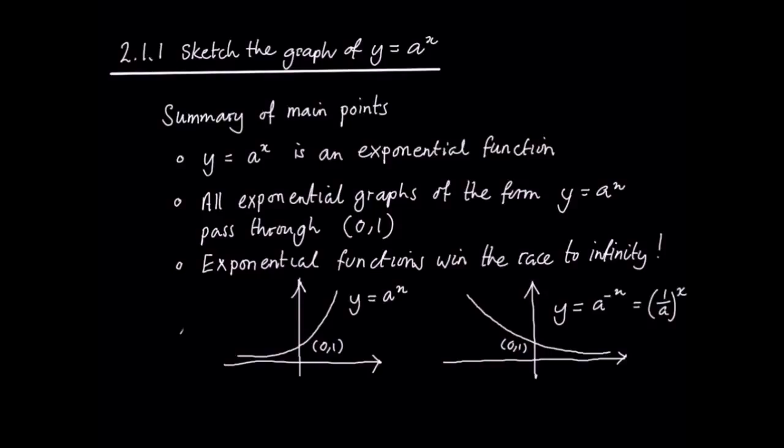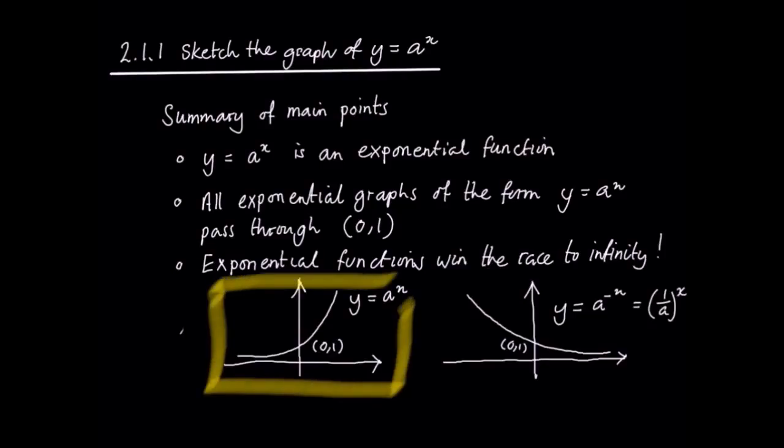They'll get there faster than the polynomials or any other function. We should also remember that y equals a to the x will have this characteristic form. So as x increases, y will approach positive infinity, and the x-axis is a horizontal asymptote.